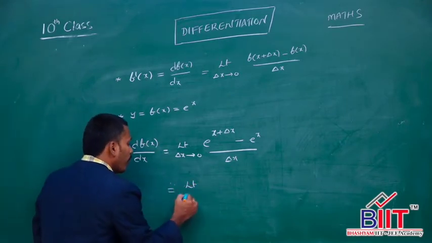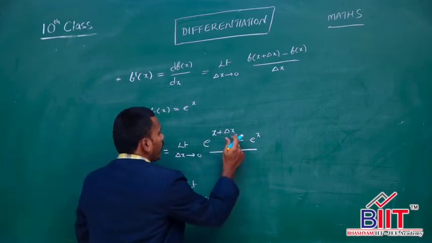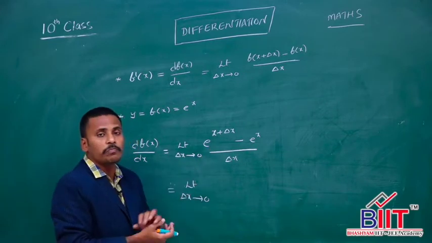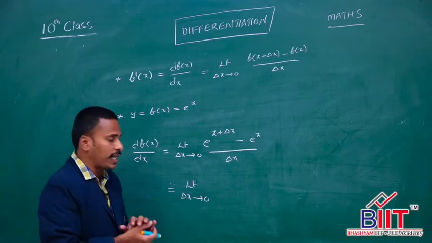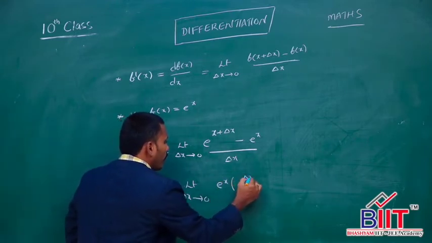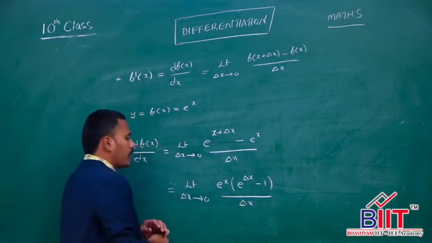That is equal to limit Δx tends to 0. This is e^(x + Δx) - e^x. We have a chance to rewrite this e^(x + Δx) as e^x into e^(Δx). You just separate that e^x. You are left with (e^(Δx) - 1) divided by Δx.